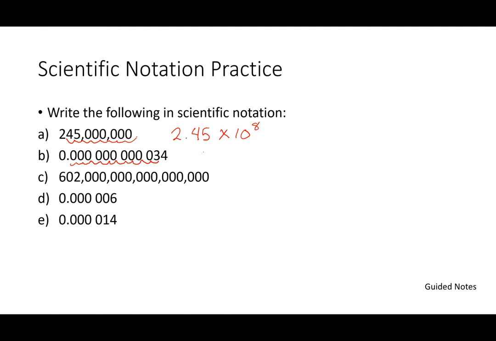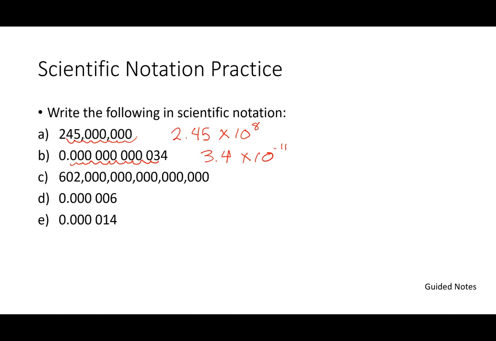So this will end up being 3.4 times 10 to the something. Is it going to be negative or positive? Okay, that's the thing that you need to ask yourself. In this case, it's going to be negative 11. And that's because a negative exponent puts it in the denominator, and that shows you that it's a small number.